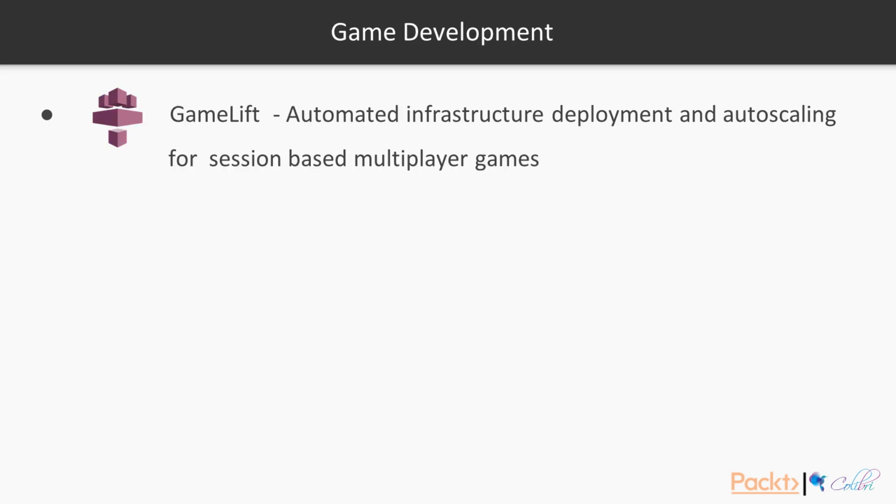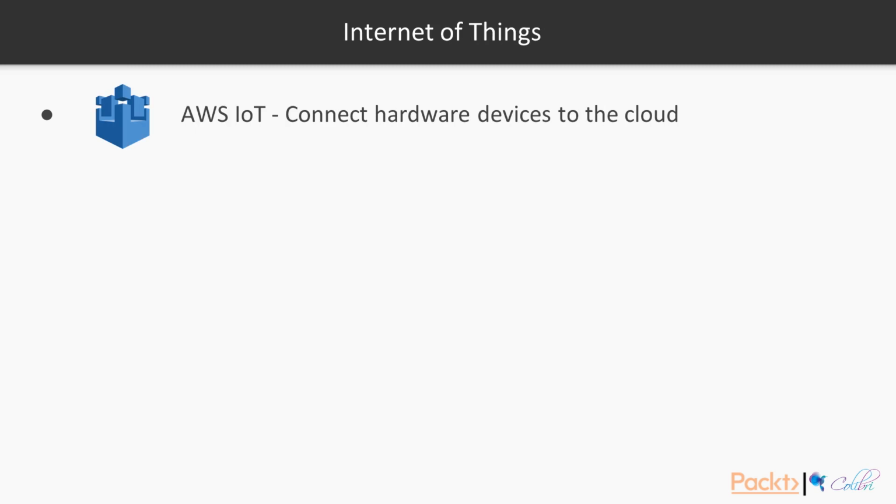GameLift is an automated infrastructure deployment and auto-scaling for session-based multiplayer games. And IoT, or Internet of Things, is one service at the moment. AWS IoT allows you to connect hardware devices to the cloud, and then you can build a pipeline from this using Lambdas or different services and get your information from the devices into AWS.